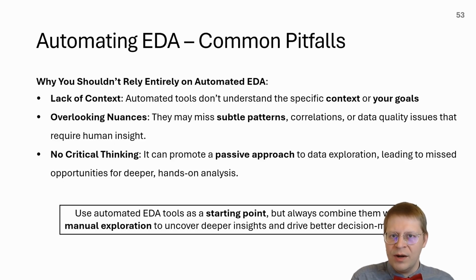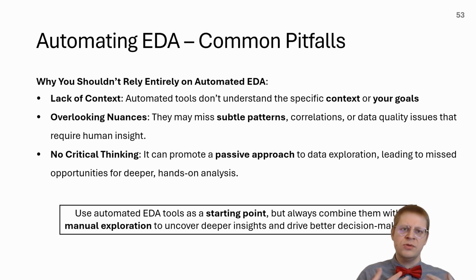Okay, and why shouldn't you rely entirely on automated EDA? Automated EDA tools may miss the context and nuances of your data. They can overlook critical patterns or misinterpret anomalies if not reviewed by a human analyst. And relying only on automation may lead to a passive approach where you miss opportunities for deeper insights.